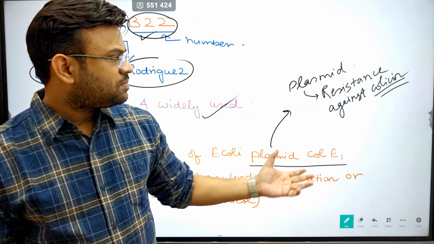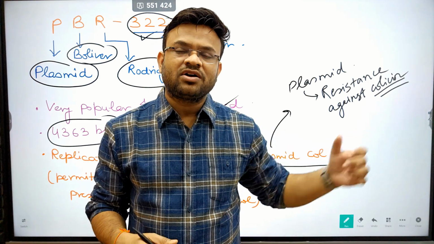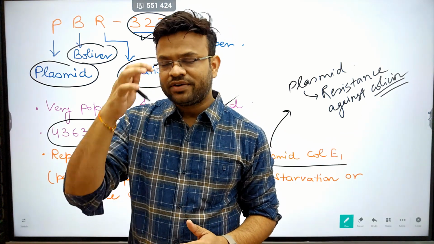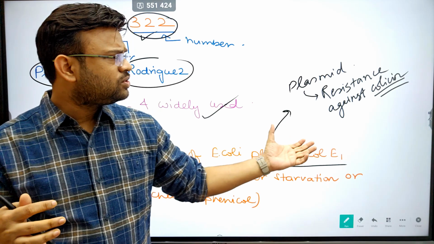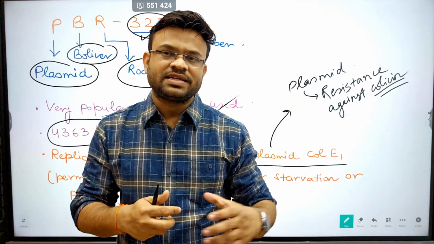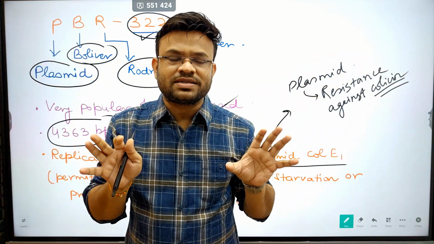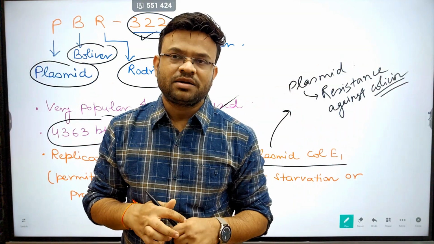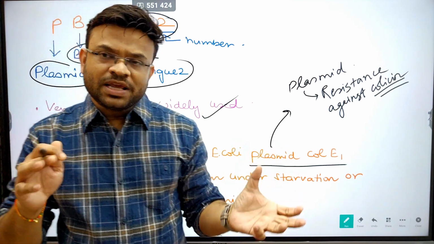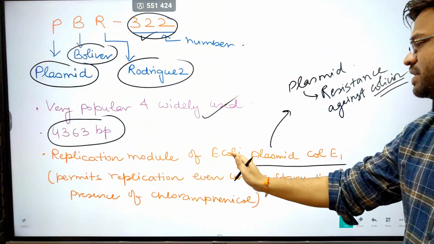So, if a particular bacteria is having a col plasmid inside it, then definitely what will it do? It will provide resistance against the colicin, and also it will produce colicin, and it will provide resistance against the colicin secreted by other bacteria. So, the replication module of this plasmid is followed.